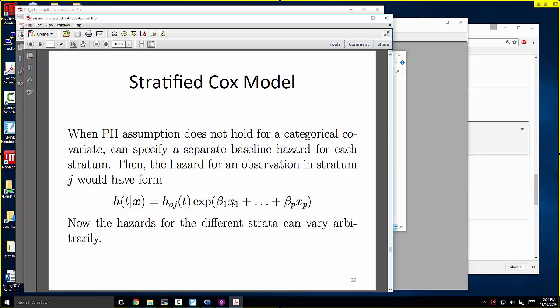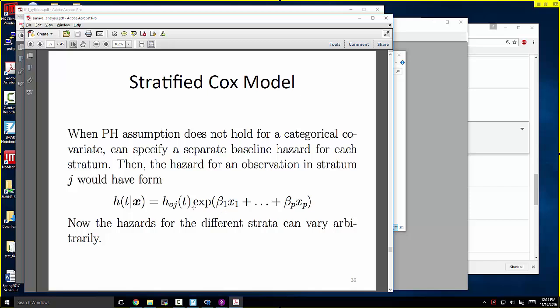Remember that we can assess the assumption of proportional hazards with respect to every covariate. The assumption is that the effects of each covariate do not depend on time. So we can check that for x1, we can check it for x2, and so on through xp. Suppose that x1 is categorical and we don't have proportional hazards, apparently.